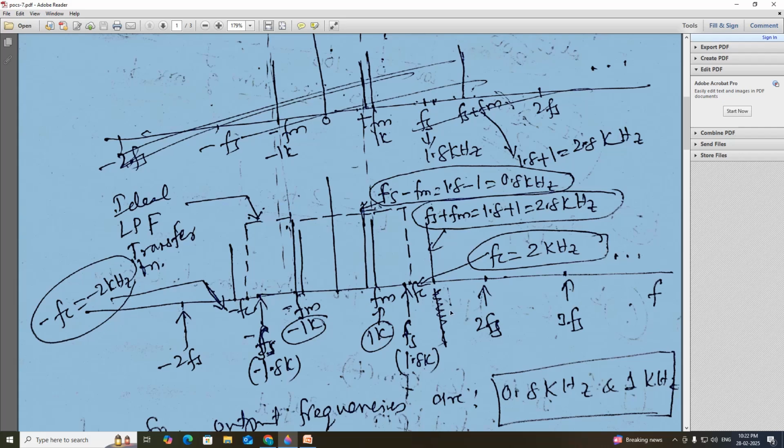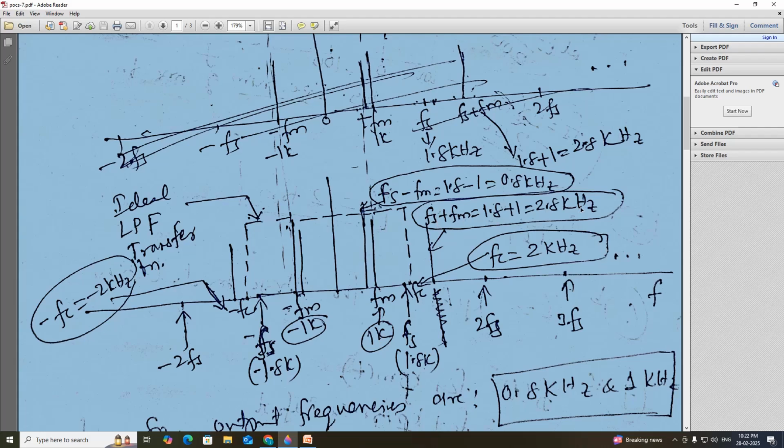Now we will only consider the message spectrum shifted by fs. At fs we have two vertical lines. One is fs plus fm, that is 1.8 plus 1, since fs equals 1.8 and fm equals 1.